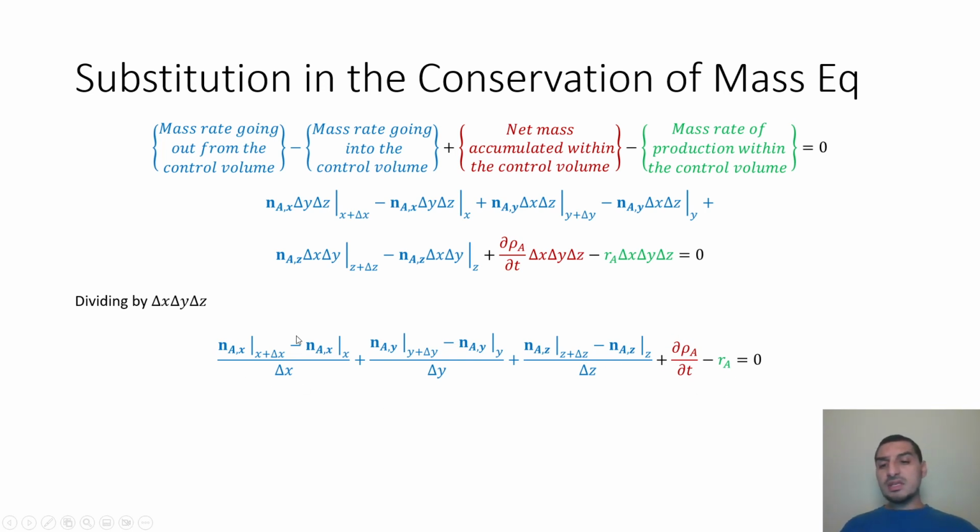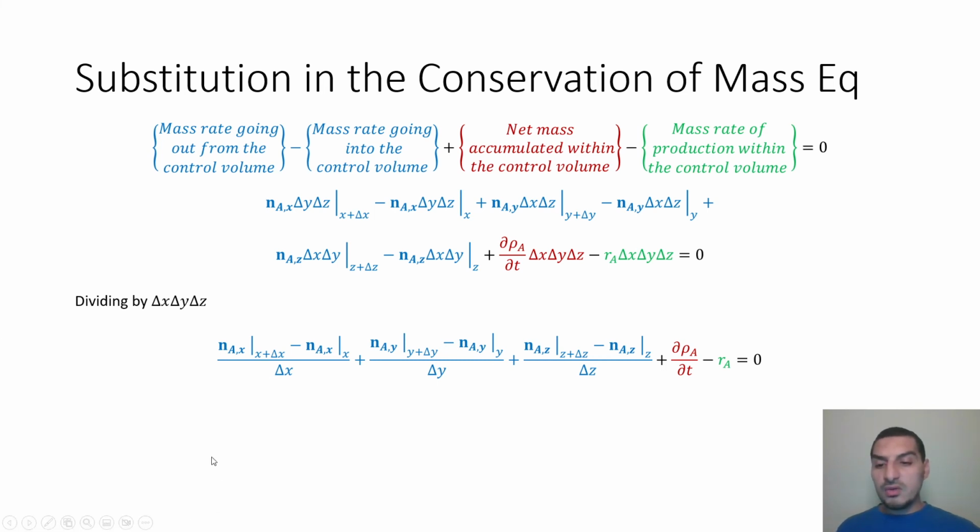And now let's take a look at these three terms. Each one of them is the difference between the flux at X plus delta X minus the flux at X, divided by delta X, which is the difference between the two points where these two fluxes are calculated. And this is what I was saying about the differential volume.